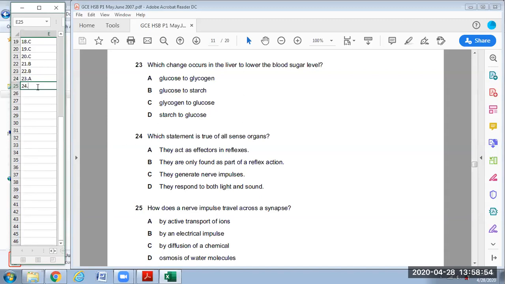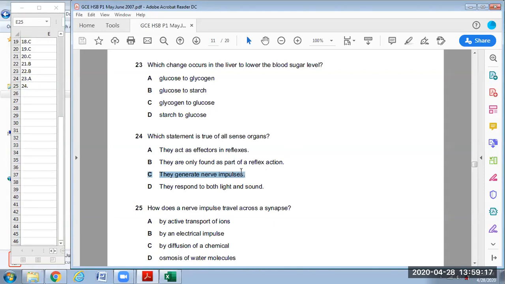Which statement is true of all sense organs? All right, so all sense organs, that's skin, eye, ear, nose, tongue, they all generate nerve impulses.